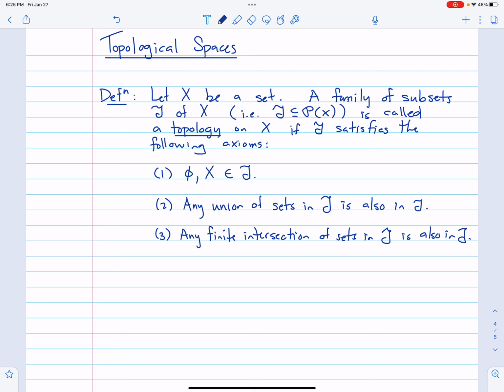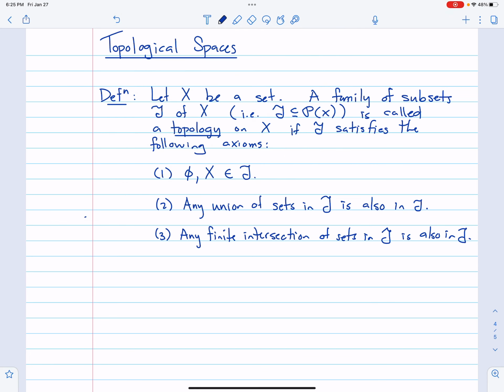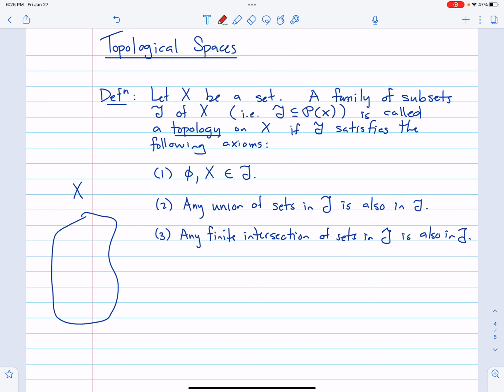So again, suppose we have a set X, okay? What we're doing here is we're basically picking out a bunch of sets that are going to be special. So the first axiom tells me that one of the sets that I have to pick out has to be the whole space, and the empty set also has to be one of these special sets.